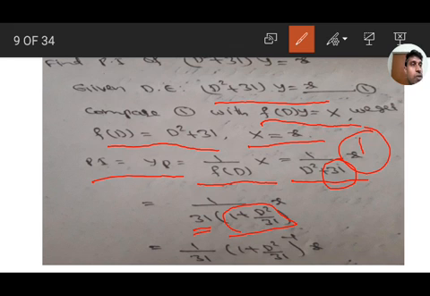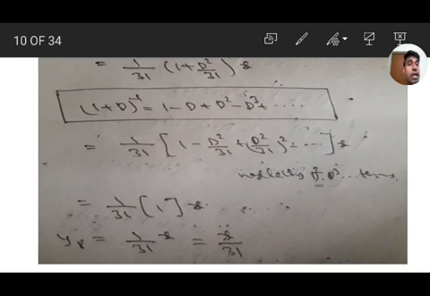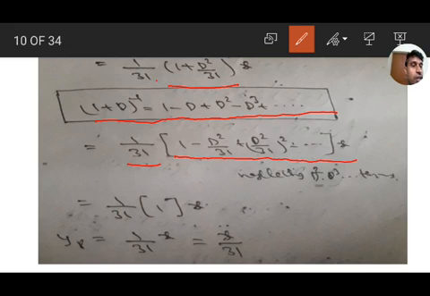Then using the formula, 1 plus d whole to the power of minus 1 is 1 minus d plus d square minus d cube plus and so on. In the place of d, here we have d square by 31. So 1 by 31 as it is outside, 1 minus d square by 31 plus (d square by 31) whole square minus and so on of x.